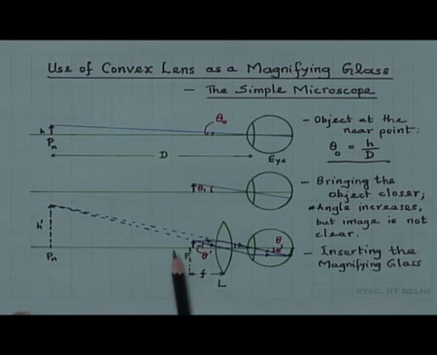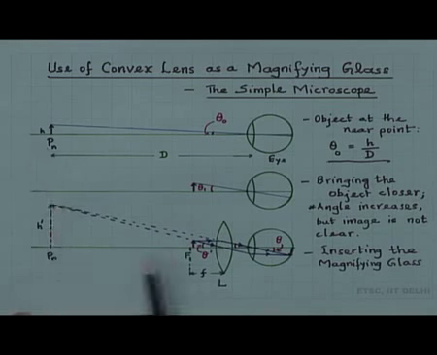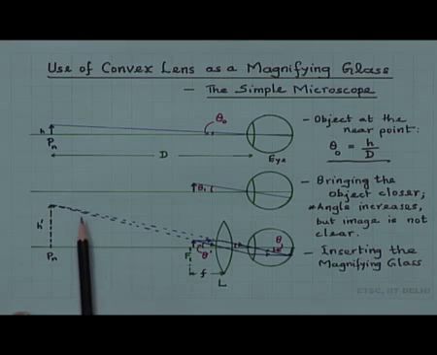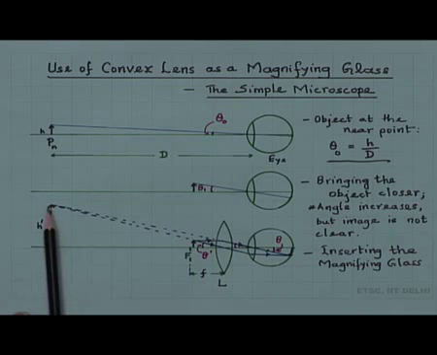So, what has been done is the lens has been introduced and positioned in such a place that the virtual image is formed at the near point. If the virtual image forms below the near point, again it will not be clear. The virtual image may be formed anywhere at the near point and beyond.